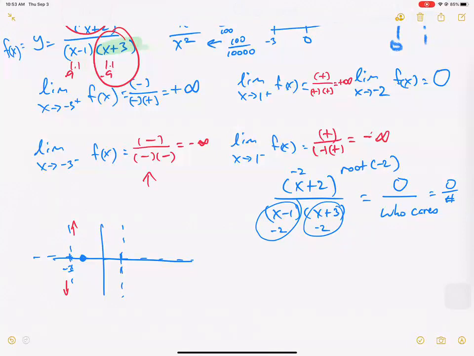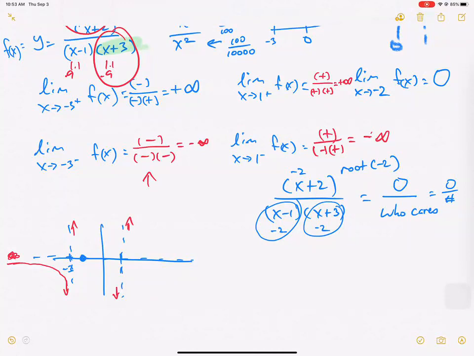As the graph enters from the left-hand side, we said the horizontal asymptote was 0, so we go from 0 to my left limit. Let's check out the next limit at 1. From the right side of 1, we see it's going to be a positive infinity. From the left side of 1, we see a negative infinity.